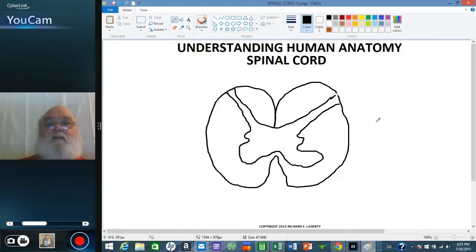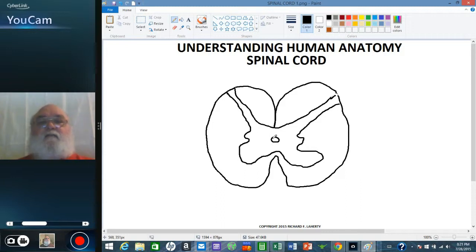And then in the center of the butterfly, you'll see a small opening. The central canal.